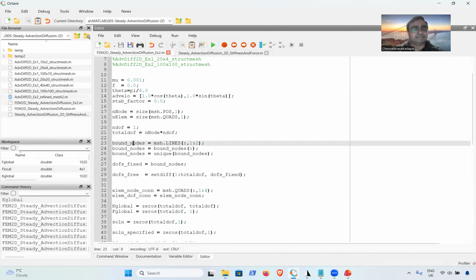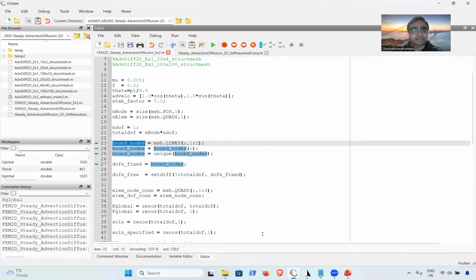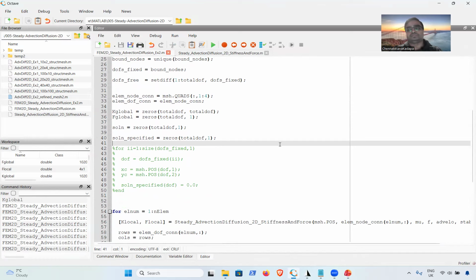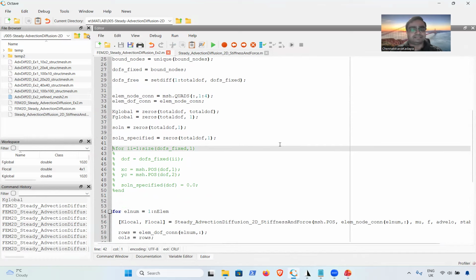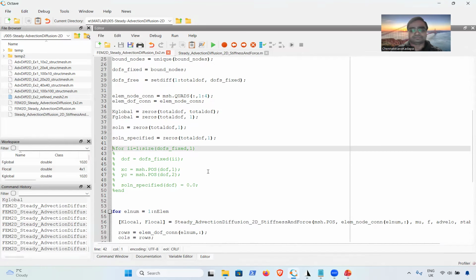So we get all the boundary nodes, but the value is not the same everywhere. So we need to add some code to specify that the solution along this boundary, on all the nodes on this boundary, is specified to be 1. So what am I going to do?